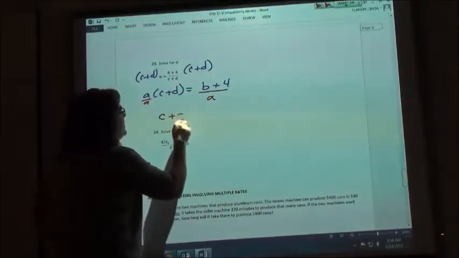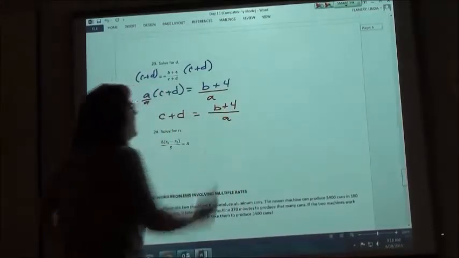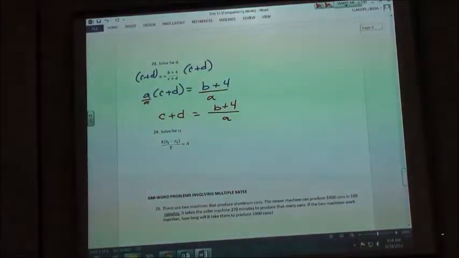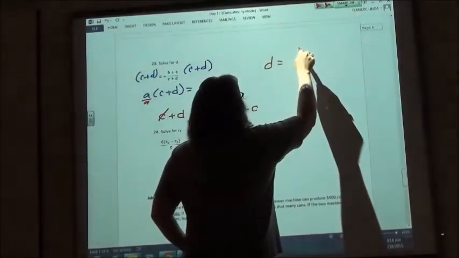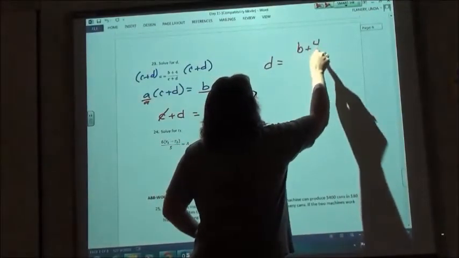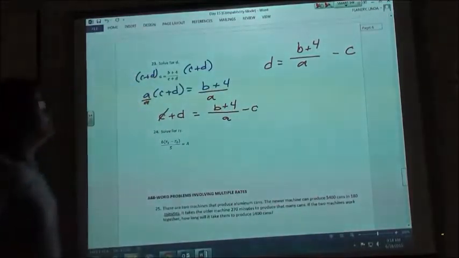So c plus d equals b plus 4 all over a. And then I would subtract c. So d is going to equal b plus 4 over a minus the c.